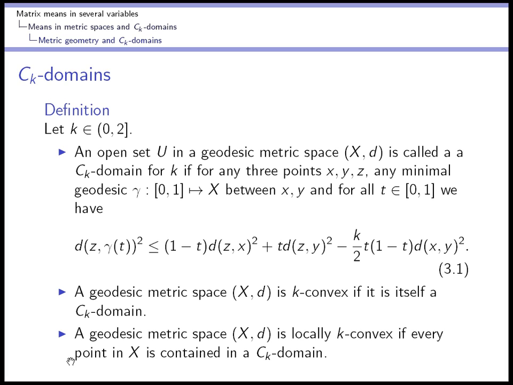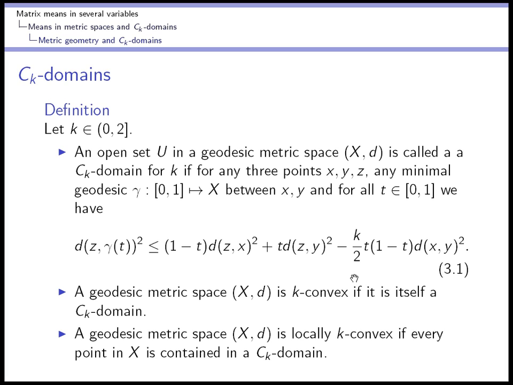And this means that the square distance of these 2 points is less than or equal to the square distance of x and z multiplied by 1 minus t plus the square distance of z and y multiplied by t, minus some factor. Now what is this factor?